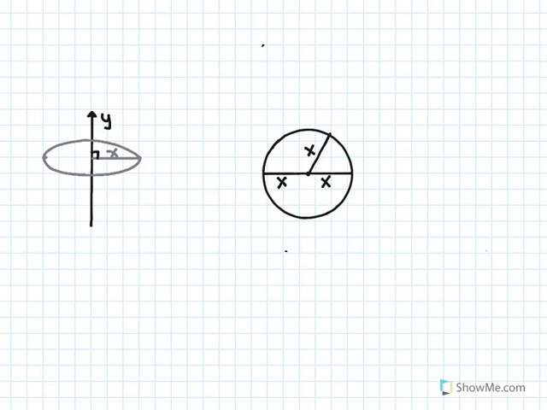All right. So the cross-sectional slice at height y is a circular disk with radius x, where the y value ranges from r minus h to r.